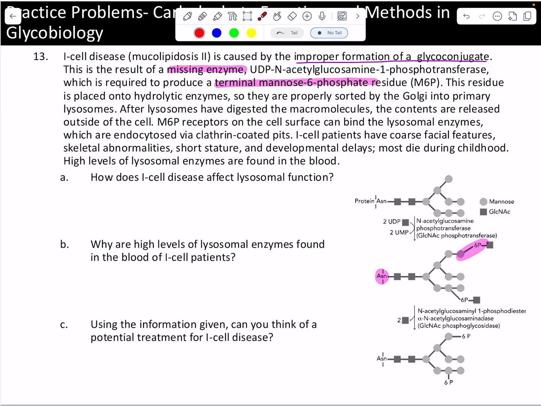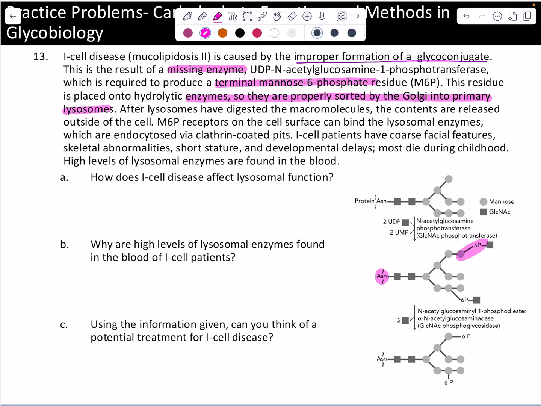So what happens is the purpose of this residue is to get things sorted into the appropriate position in the cell. Enzymes need to be sorted by the Golgi and to go into the lysosomes. After the lysosomes have broken down macromolecules, contents will be released outside of the cell.